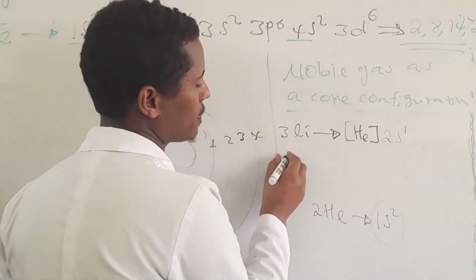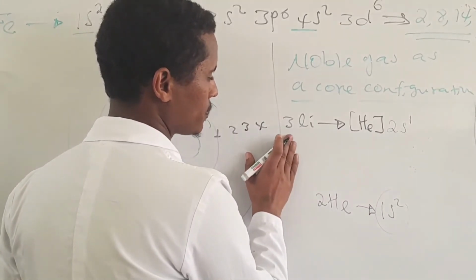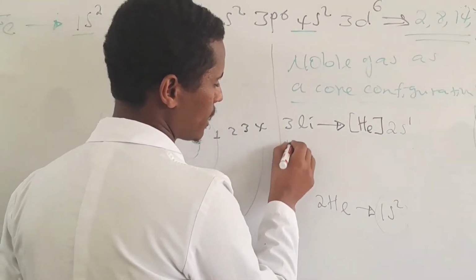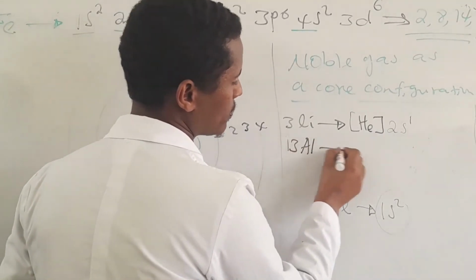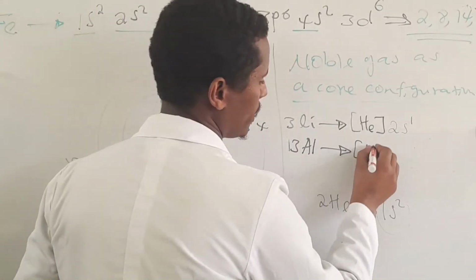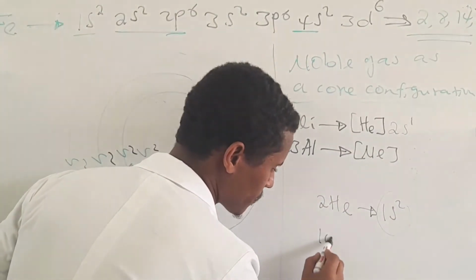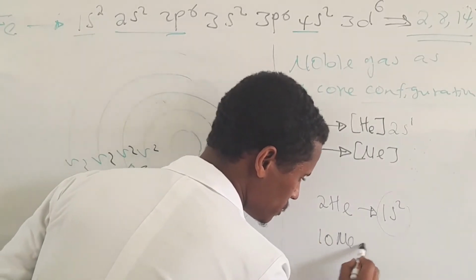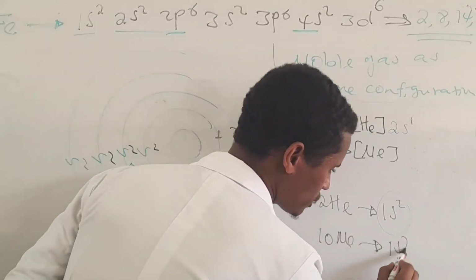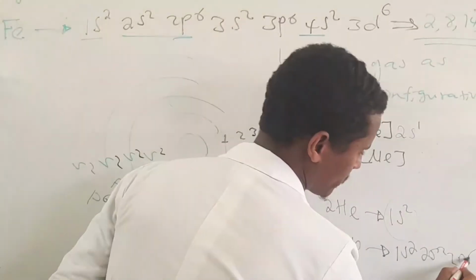Second example, let's say 9, fluorine. Okay, let's change this one. Let's say 13, aluminium. 13 aluminium can be written with neon. Neon, how many electrons does it have? 10 electrons. It can be written as 1s2, 2s2, 2p6.